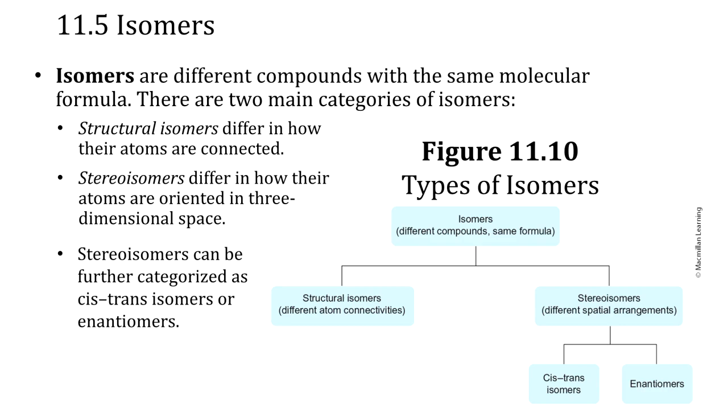But there's also something called a stereoisomer. Stereoisomers have all the same atoms and all the same connections, but they differ in three-dimensional space. There are a couple of types: cis-trans isomers, and then enantiomers. And we'll talk about each of those in turn.